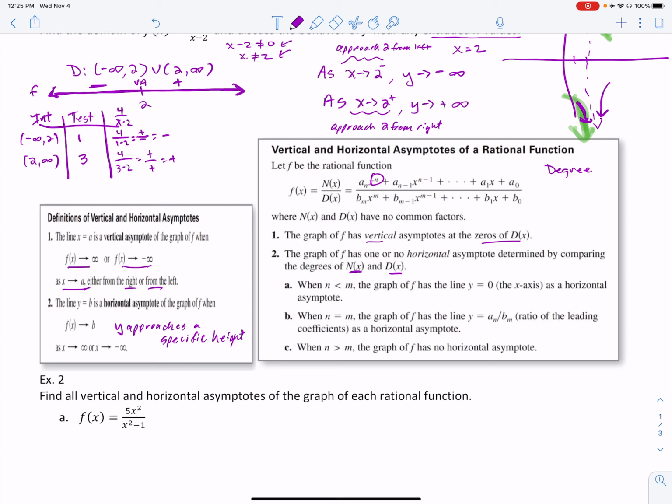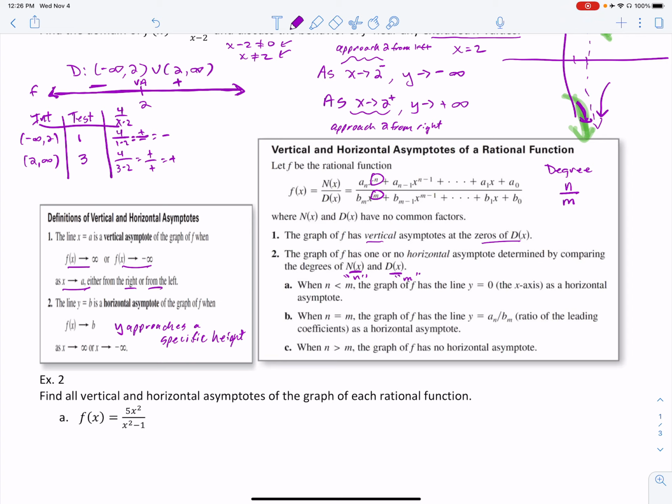The degree of N is that leading term's power, and the degree of the denominator is that leading term's power. So the degree of N of x is n, and the degree of D of x here happens to be m. And so here are 3 cases.